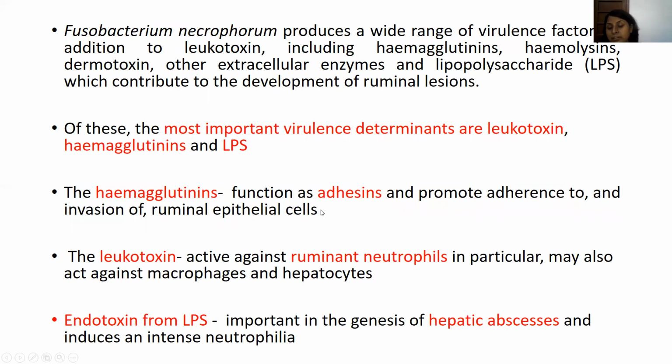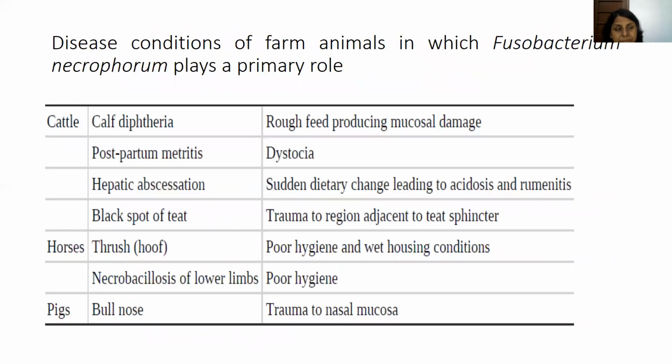Hemagglutinins act as an adhesive and promote adherence to and invasion of the luminal epithelial cells. Leukotoxin is active against luminal neutrophils, and particularly acts against macrophages and hepatocytes, whereas the endotoxin from the LPS is important in the genesis of hepatic abscess and produces intense neutrophilia.